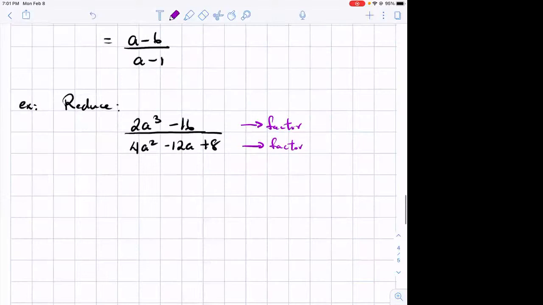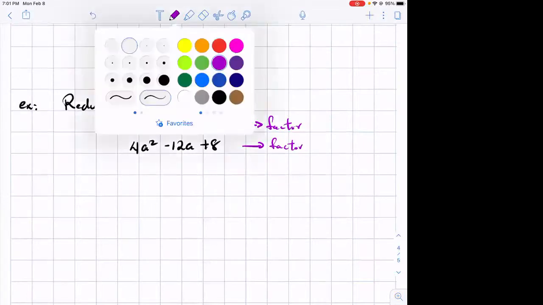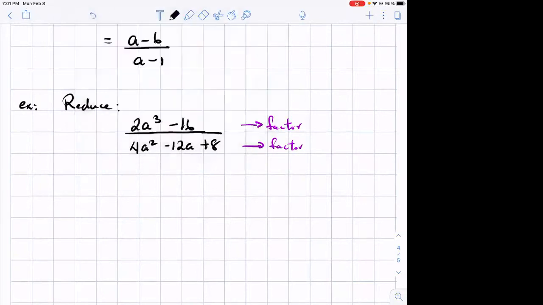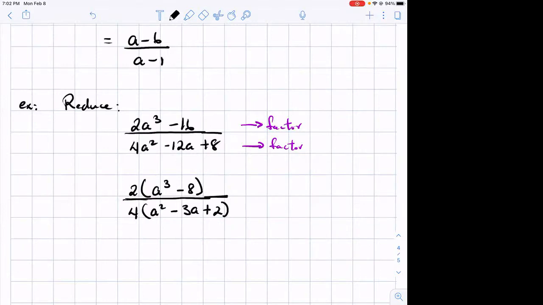Well, I notice both in the numerator and the denominator, there's a GCF. The GCF in the numerator is 2, so if I take out 2, I have a cubed minus 8. And in the denominator, 4 is common, so we have a squared minus 3a plus 2. Please make sure when you draw this line that it's covering everything in the denominator.